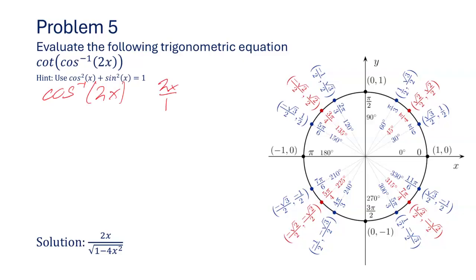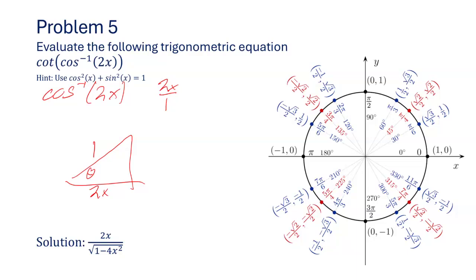And we have cosine, so we know it is the adjacent over the hypotenuse. So we have our right triangle where our hypotenuse is 1, so we're on the unit circle, and our adjacent side is 2x. Here's our theta. We don't really need to know what theta is in this case, and it'd be kind of hard to know without knowing what x was.